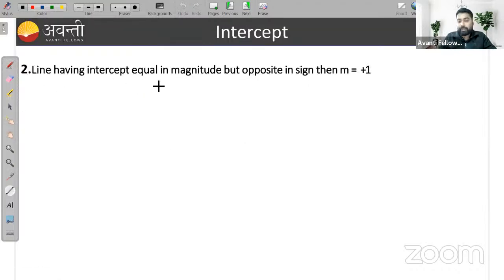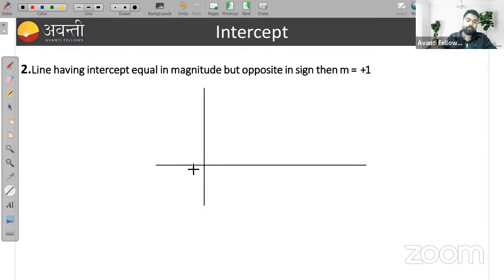Here, a line having intercepts equal in magnitude but opposite in sign. If we draw the figure, what is the slope of that line? Who can say? See here, my x-intercept is equal in magnitude to the y-intercept, but the x-intercept is positive and the y-intercept is negative.